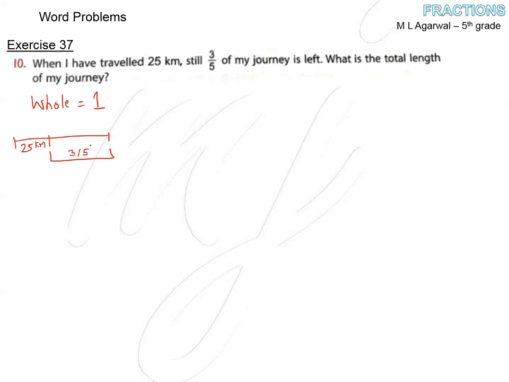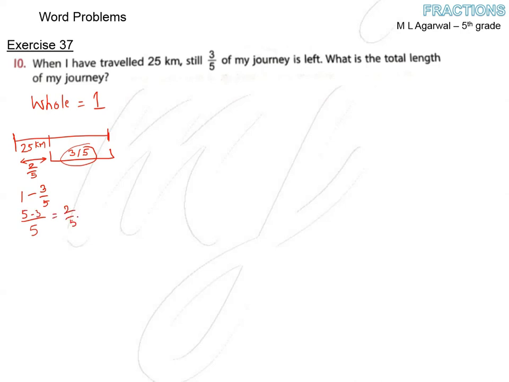This is still left. Now they are not giving this part. So how much will this part be? So the whole is 1, correct? So out of the whole, how much can I say this part will be? This part will be 2 upon 5. How did I get it? I can say 1 minus 3 upon 5. LCM is 5. So 5 minus 3 is equal to 2 upon 5.